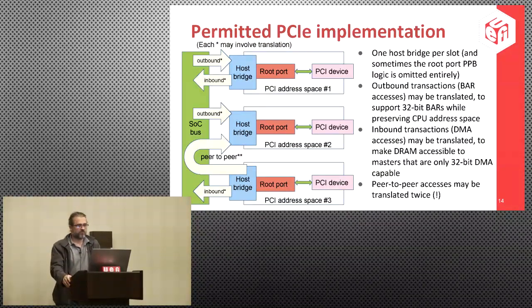Especially if you want to do peer-to-peer in a configuration like this, it's very painful. But the PCI spec permits it, the UEFI spec permits it, so the drivers that we validate should be able to deal with crazy topologies like this one.